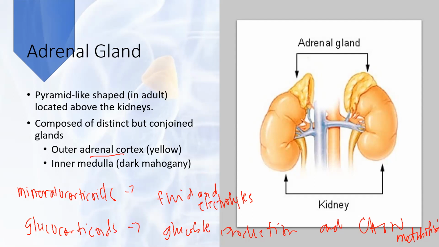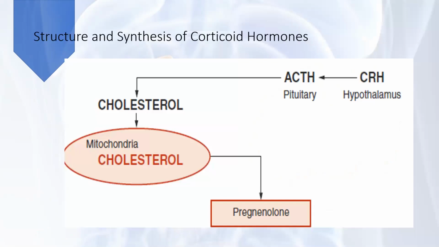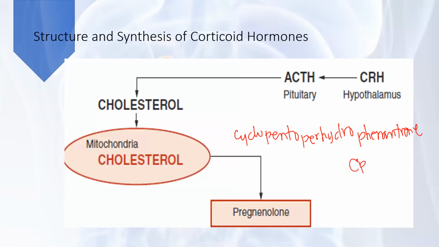Okay, remember that steroid hormones are composed of a basic structure called the cyclopentanoperhydrophenanthrene, or also known as the CPPP ring.